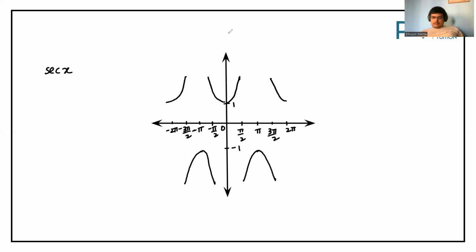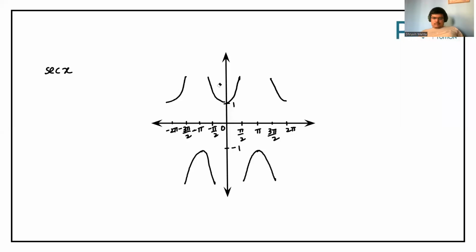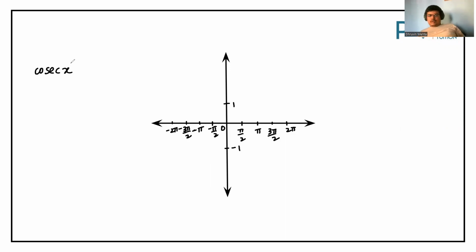Done? Just a second, sir. So same for cosec, it's going to be the mirror image of sine.